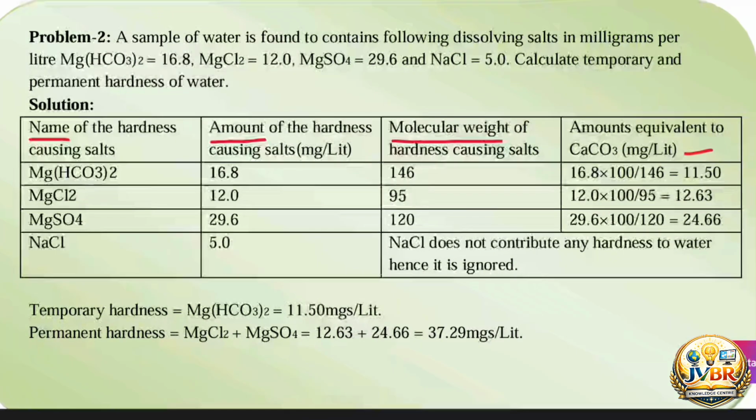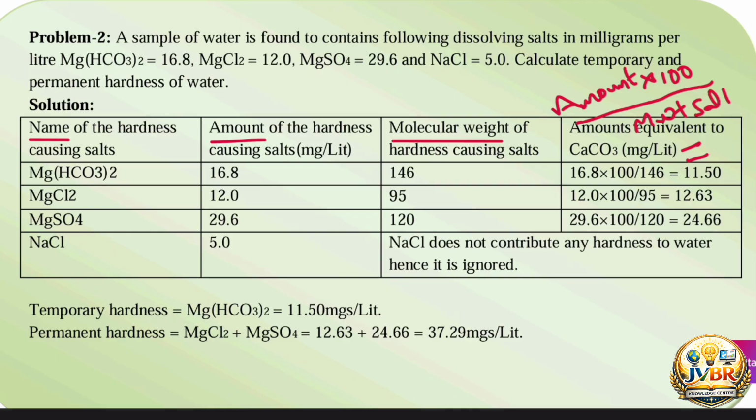Coming to the formula, amount equivalent to calcium carbonate is equal to amount of the salt into molecular weight of CaCO3, which is 100, by molecular weight of the given salt.